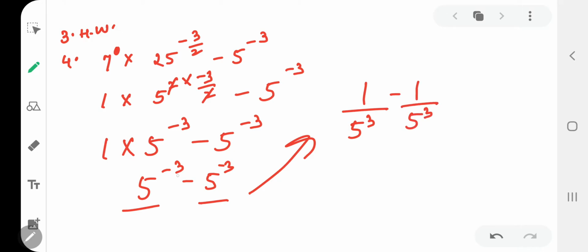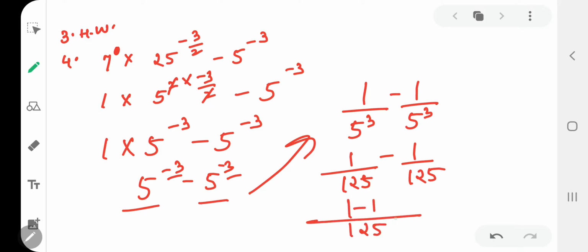So the exponent which was minus 3 on both sides, I made positive by reciprocating. So I am opening the things, so I get something like this. My dear kids, so it is 1 minus 1 upon 125, that is 0 upon 125, and the final answer is 0. 0 upon anything is 0. Clear?